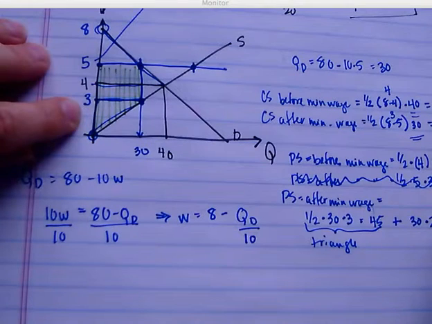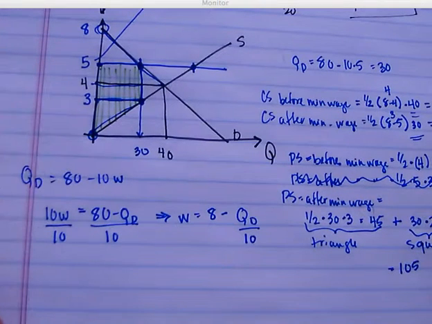So 30 times 2 is equal to 60. And so we get 45 plus 60, which gives us 105. Okay, so we went from a producer surplus of 80 to a producer surplus of 105.